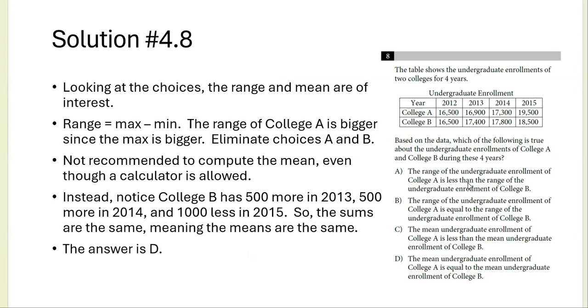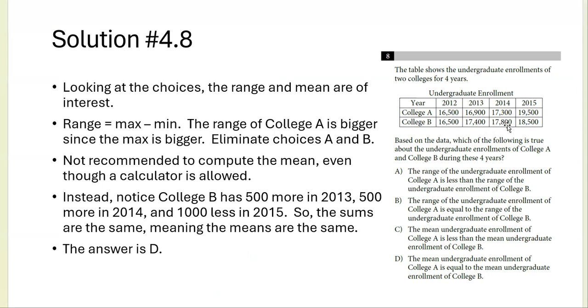Instead, we can do this in our head, and we could probably do it quicker. Not actually summing it. I'm going to just compare the relative sums. Because we have to sum up these 4, divide by 4, and then sum up the bottom 4 and divide by 4. That's the mean of A and B, right? So let's look at the sums first, because the divide by 4 is the same. 16,500 is the same for the first 2 terms. B is bigger by 500.